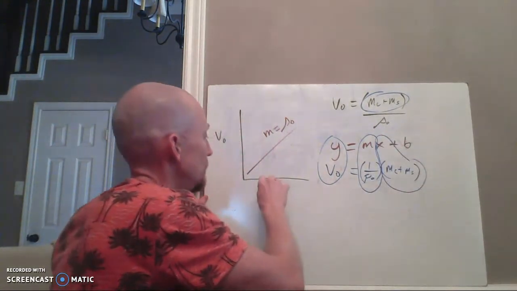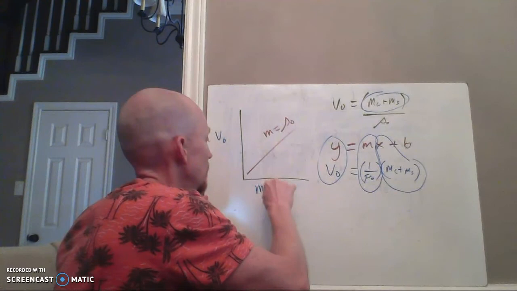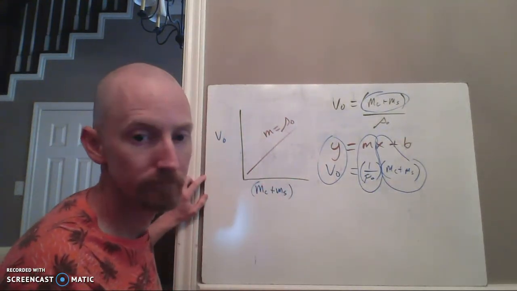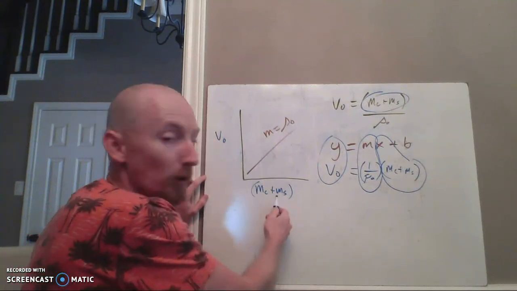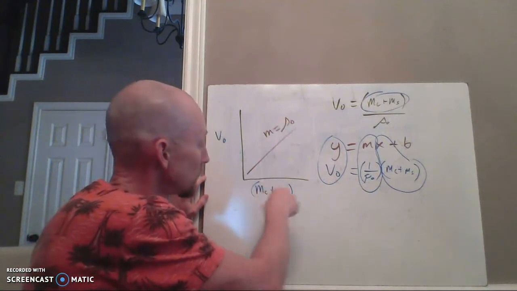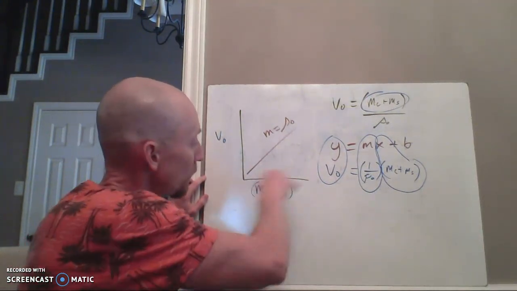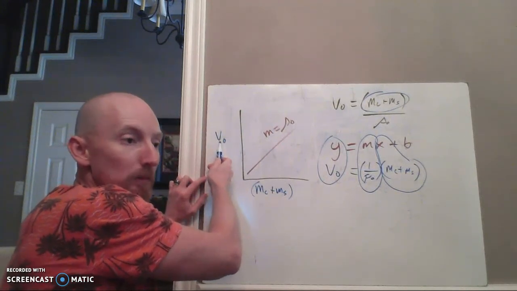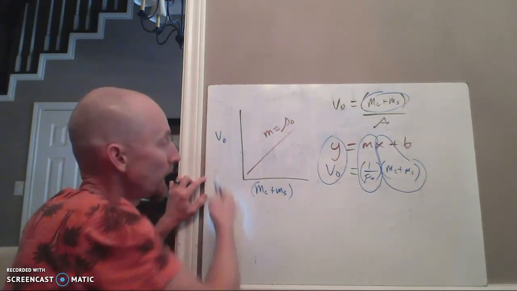So on my x, I can graph that. What is this? This is the total mass, right? It's the mass of the cup and the sample within the cup. So this is really total mass. So I can graph total mass on the bottom. I can graph volume of oil on the y-axis.